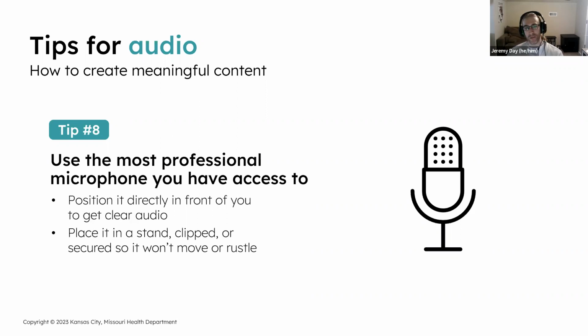So just make sure that you have that positioned correctly and in a secure spot, so you won't hear rustling or table bumping. I get self-aware, but if I just tap this, it probably is making some noise. So that's why you want to be aware of that, and yeah, having a good spot.